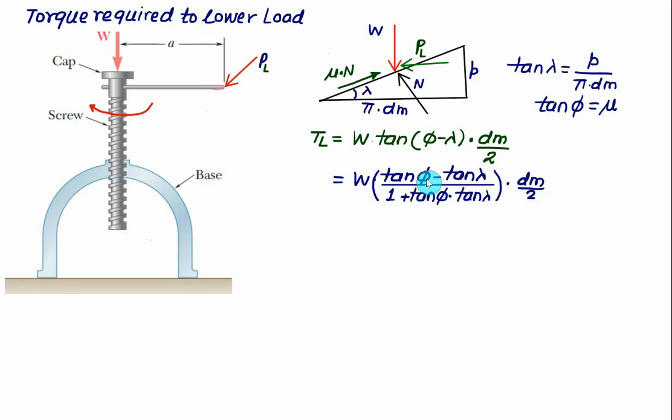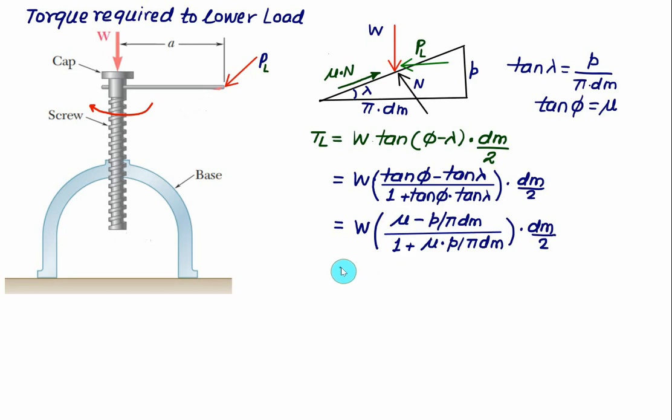Now again we can replace here tan phi is equal to mu and tan lambda equal to P upon pi dm. So if we substitute, we will get W into tan phi we can replace as mu minus tan lambda we can replace as pitch divided by pi dm divided by 1 plus tan phi is equal to mu and tan lambda is equal to pitch divided by pi dm, and again multiplied by dm divided by 2.